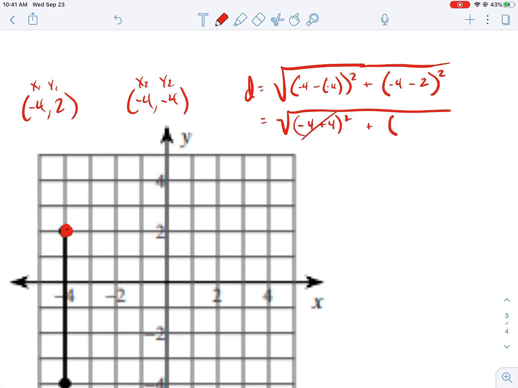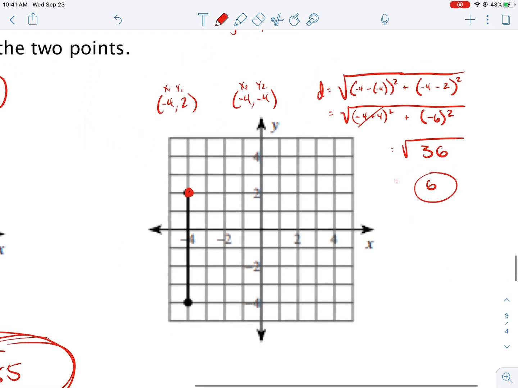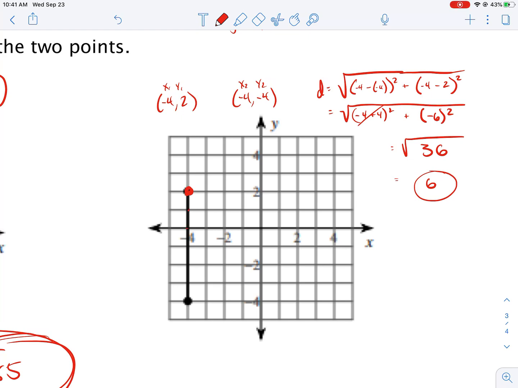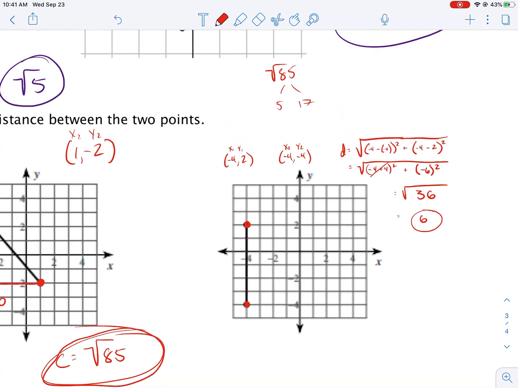Okay, we're going to have plus, this is going to be -6 squared. So we get 36. Square root of 36 is just 6. Okay, so let's count to be sure. How many units? 1, 2, 3, 4, 5, 6. So this line segment is only 6 units.